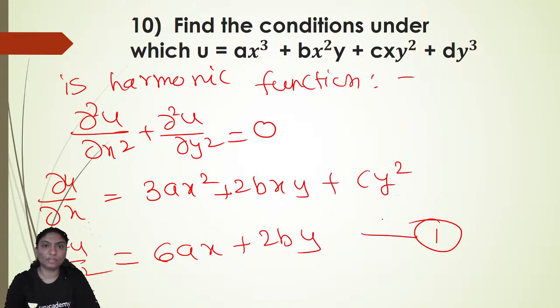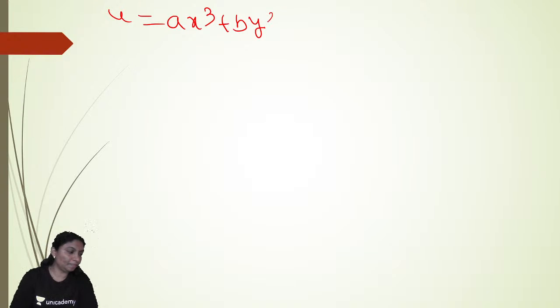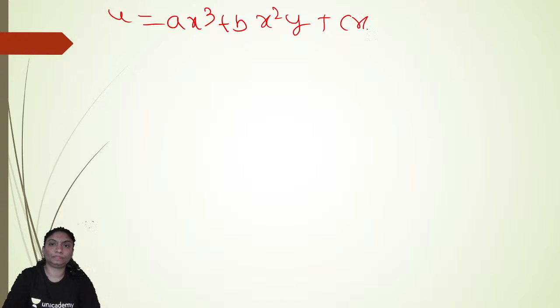So exactly similarly you can calculate. u is given as ax cube plus bx square y plus cxy square plus dy cube. So calculate delta u by delta y.